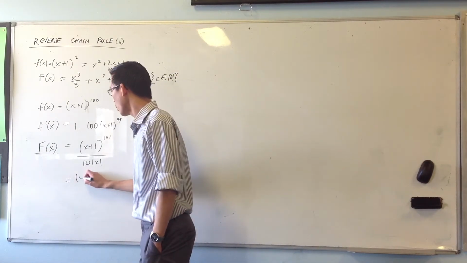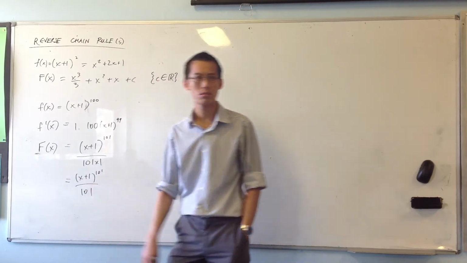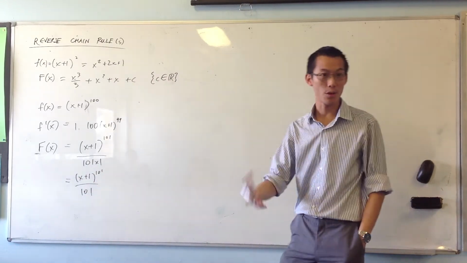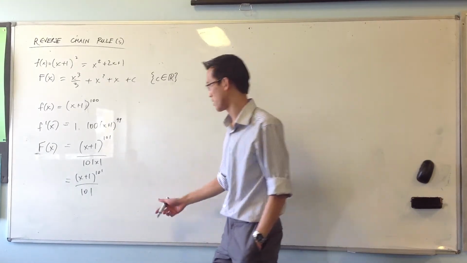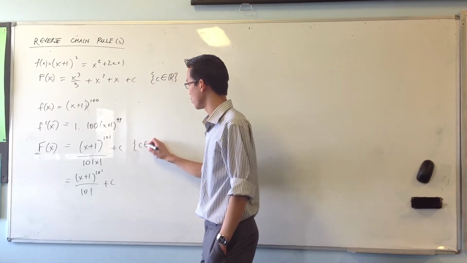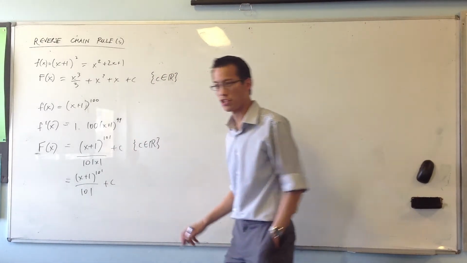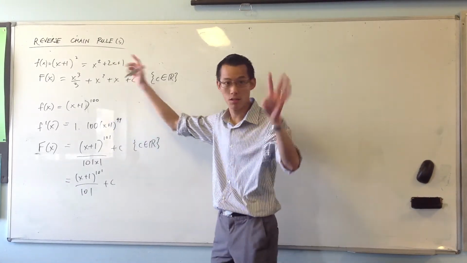So, how would I know whether I've got it right or not? You can differentiate. Yeah, we've been noticing this. Because anti-differentiation is just the reverse process, I should be able to differentiate and get back my original function. Yes? So let's just give it a go.